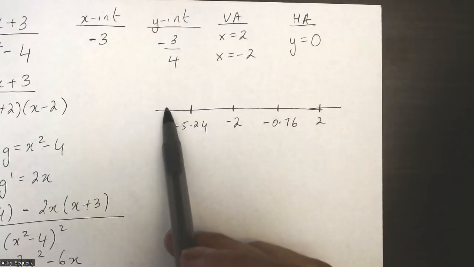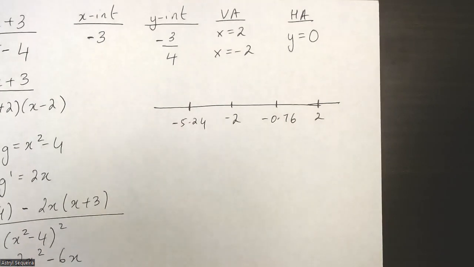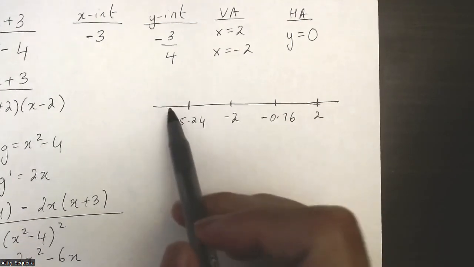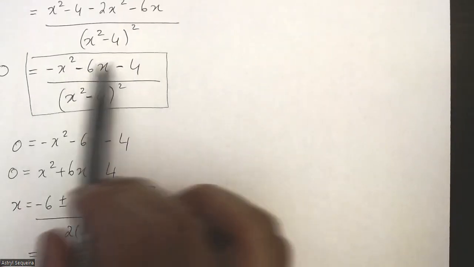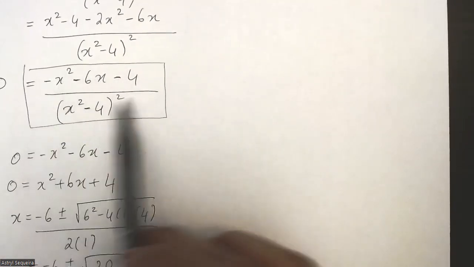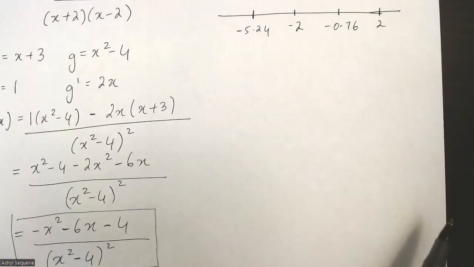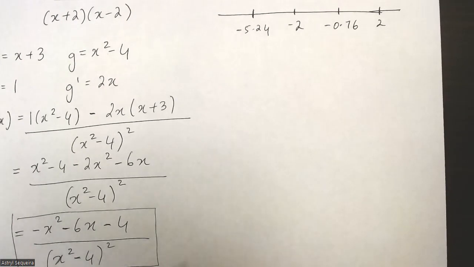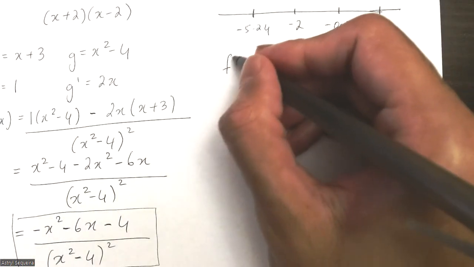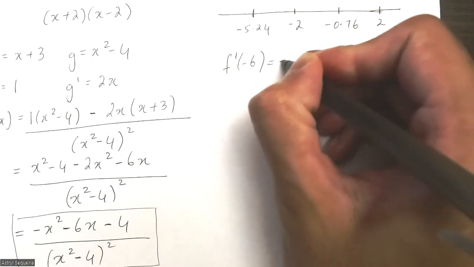Now I want to test each range to see whether it's going to be increasing or decreasing. I'm going to start by subbing in -6 into my derived equation over here. So if I sub in -6 into this derived equation, f prime of -6 is a negative number.